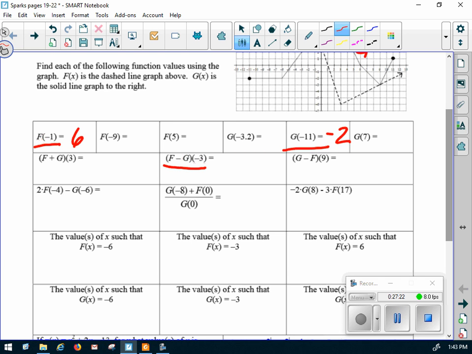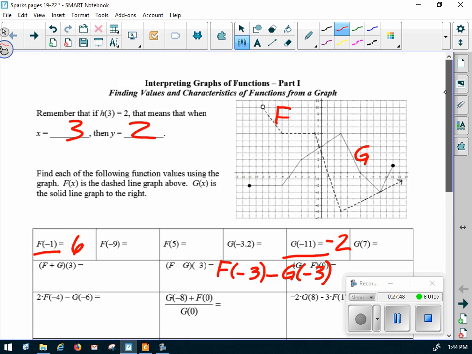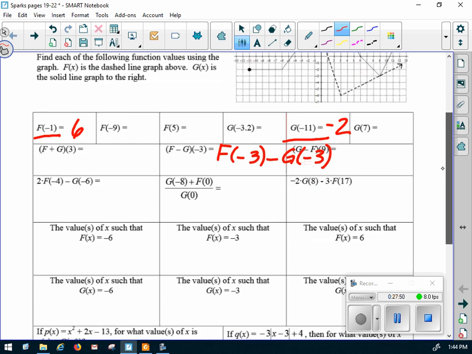What does f minus g of -3 mean? Exactly right. Let's see. Working on your names. Luke. Okay. So what this really means is f of -3 minus g of -3. That's what it means. That's called a combination. That's why the title of this lesson is... never mind.